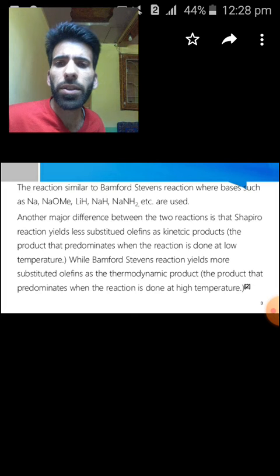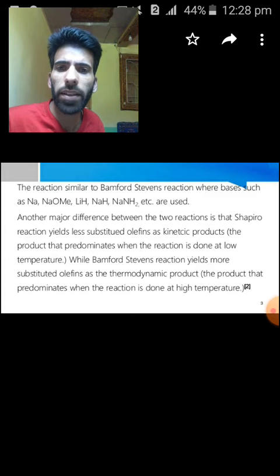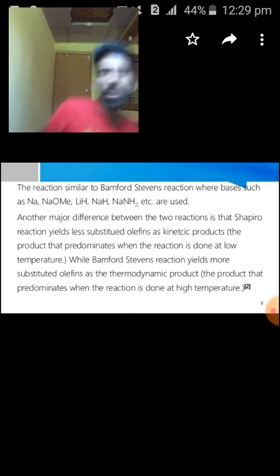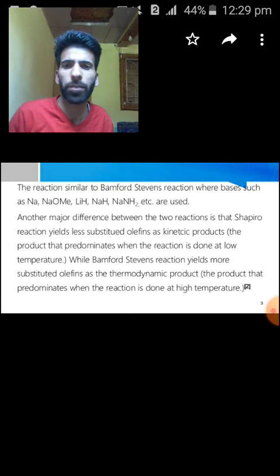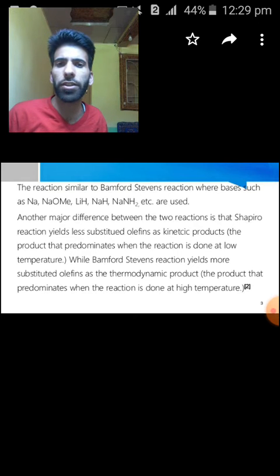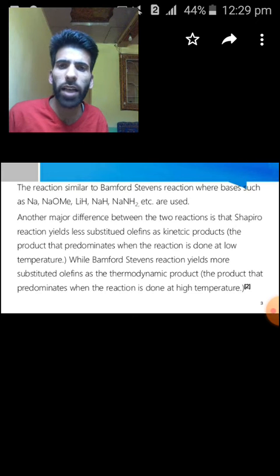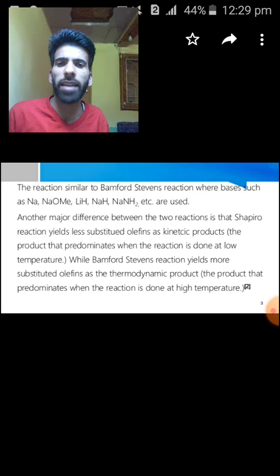Another major difference between the two reactions is that the Shapiro reaction yields less substituted olefins as kinetic product, the product that predominates when the reaction is done at lower temperature, while Bamford Stevens reaction yields more substituted olefins as the thermodynamic product, the product that predominates when the reaction is done at high temperature.